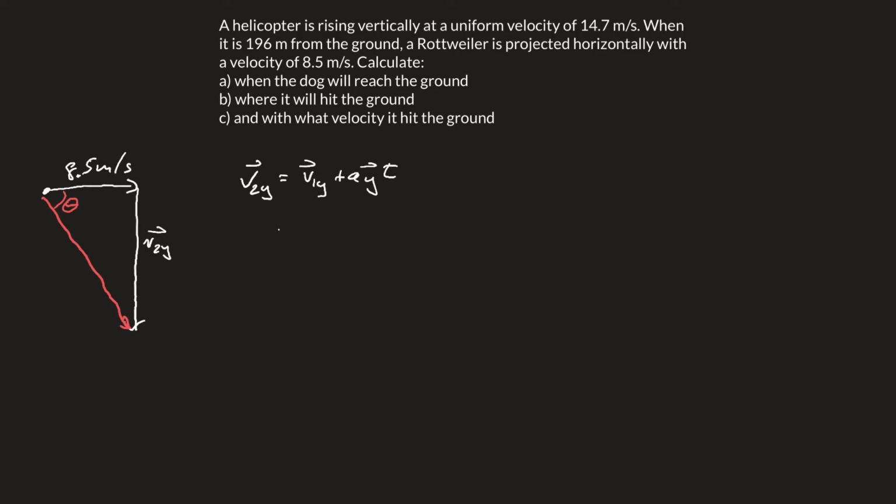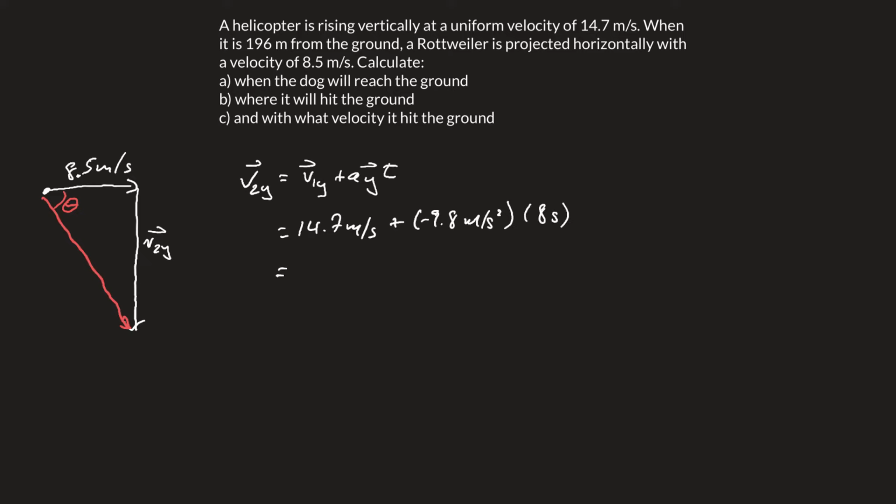So I know the initial vertical component of velocity because that's given to me as the helicopter is rising, right? So when we're starting off, the dog and the helicopter have the same initial velocity, and that's going to be 14.7 meters per second. Now here's where it changes because the dog is going to have a negative acceleration due to gravity, negative 9.8 meters per second squared, and we know how long this whole process takes, 8 seconds.